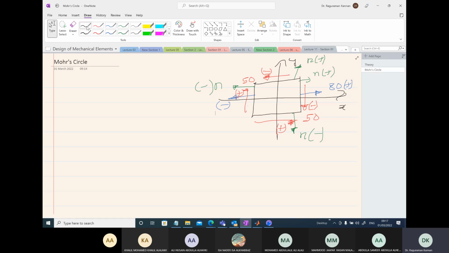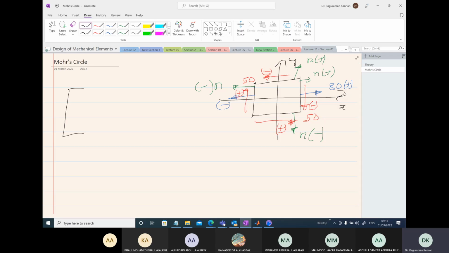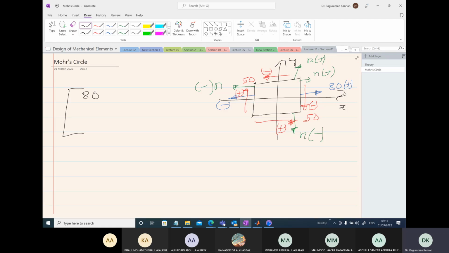So based upon this, can one of you tell me if sigma xx is positive or negative? And what is the value? Sigma xx is positive 80. Very good. Sigma yy, what is the value and sign? 0.